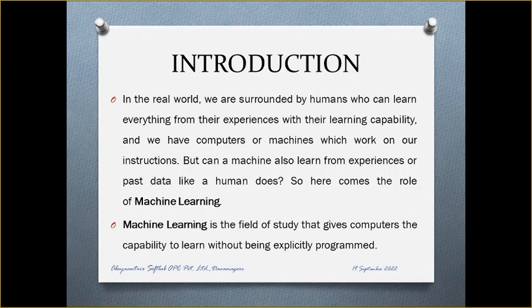That is what happens in the field of machine learning. That's why it is referred to as a field of study that gives the computer the capability to learn without being explicitly programmed. Without being explicitly told what to do, we are not going to give that if this input comes, this output should be there.